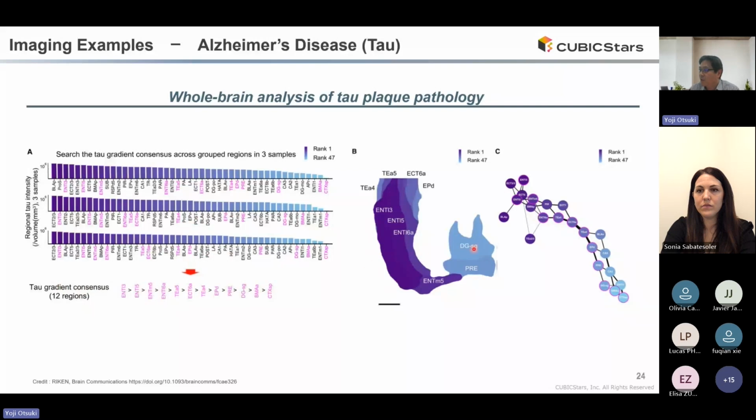And then they successfully demonstrated that this gradient is consistent with the neural circuitry. So that's why the analysis proved that this tau deposit distribution is consistent with the working hypothesis, that the tau plaque is distributing or delivered across the anatomical network of the brain and neural structures.